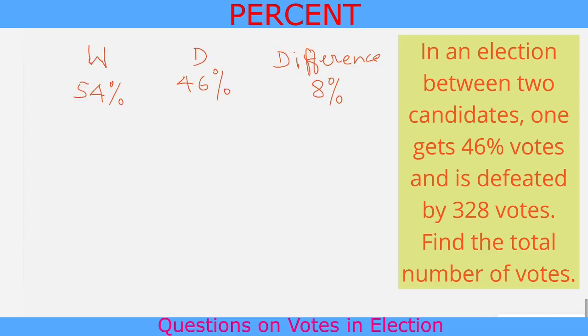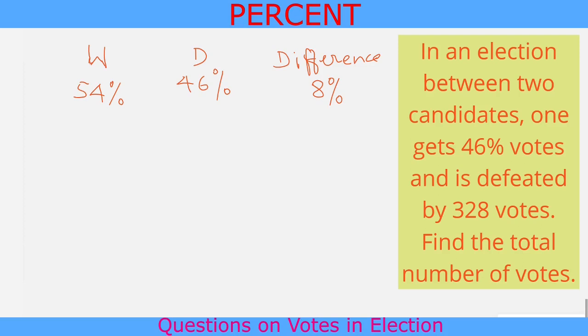In this question, the defeated candidate gets 46% votes. Therefore, the winning candidate gets 54% votes, as out of the total 100% votes, the defeated candidate gets 46%. And the difference between them is 8% votes.